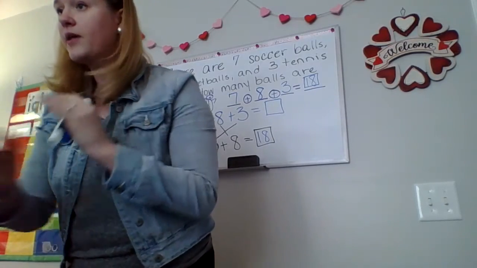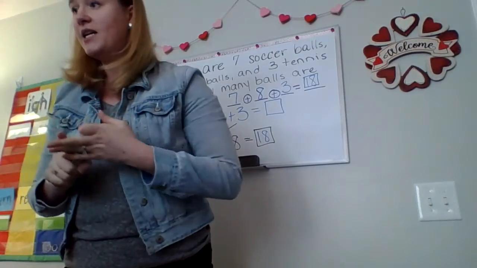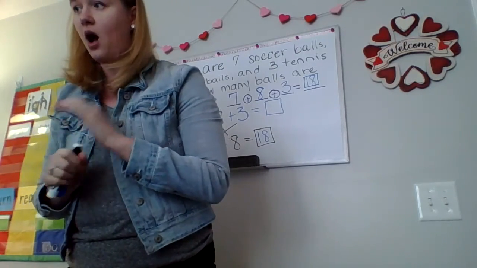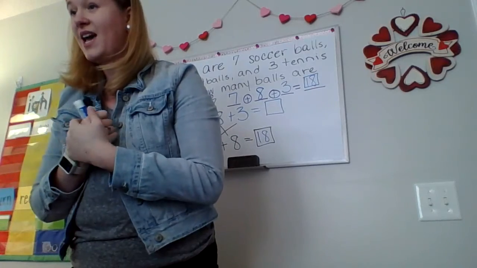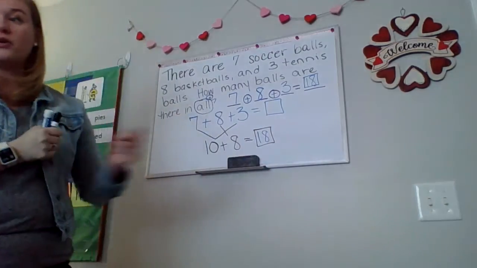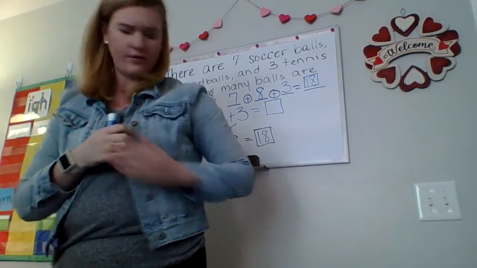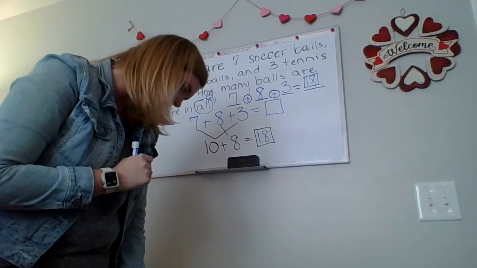So I want to make sure that you show me your equation, your strategy, and an answer, okay? I want to see all of that work. I'd rather not see circles to draw it out. I'd rather you use strategies like this, an open number line. I don't think the numbers are big enough for base 10 blocks.